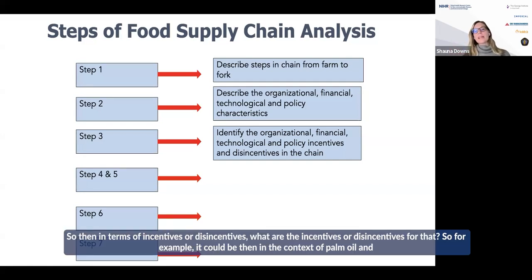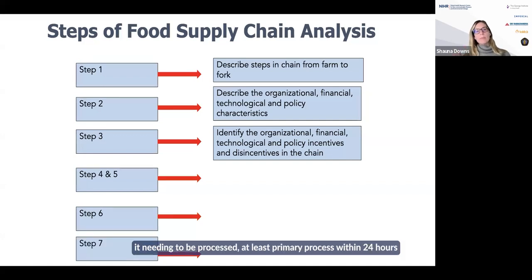So then in terms of incentives or disincentives, what are the incentives or disincentives for that? So for example, in the context of palm oil and it needing to be processed, at least primary processed, within 24 hours, then it might be that an incentive is that they have a processor right next to the plantation so that they can do that first step of processing right away.